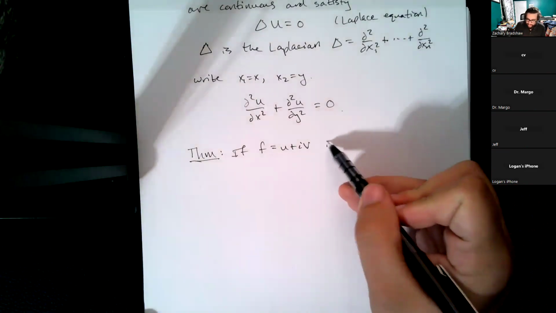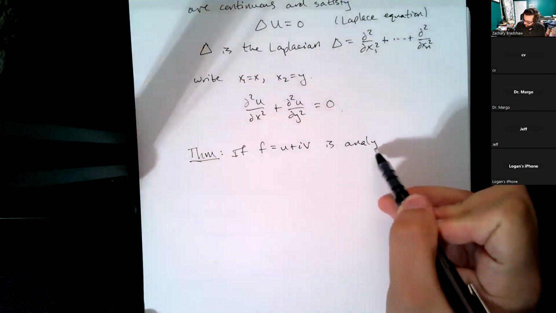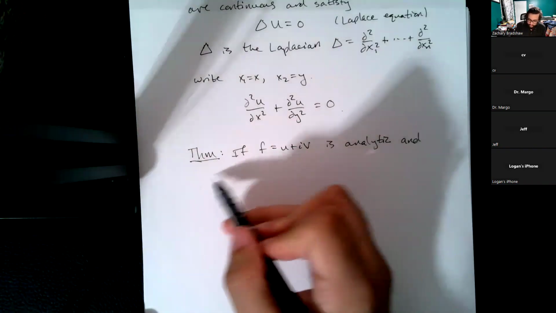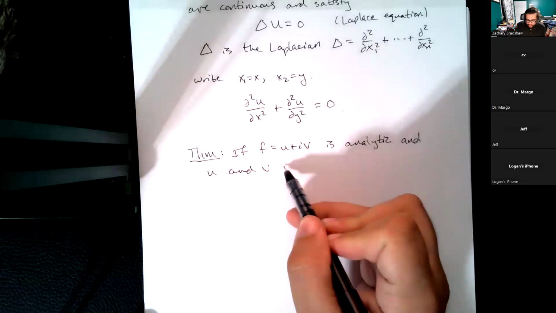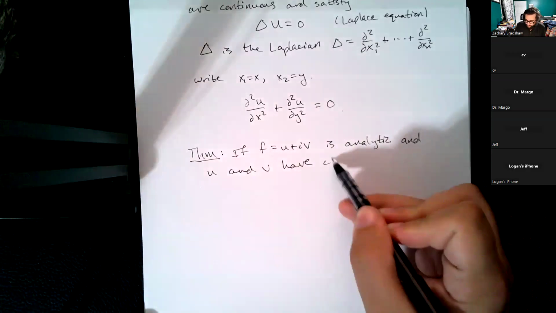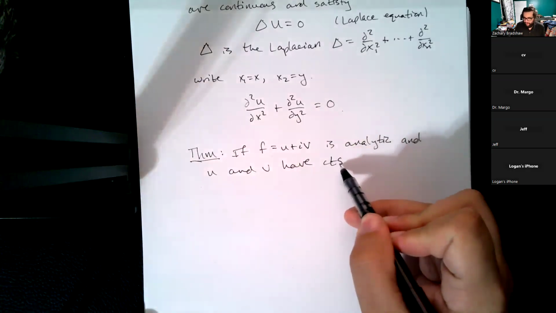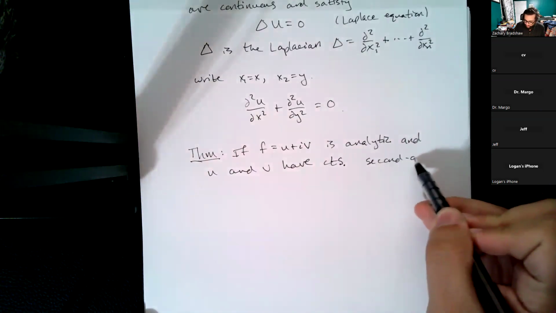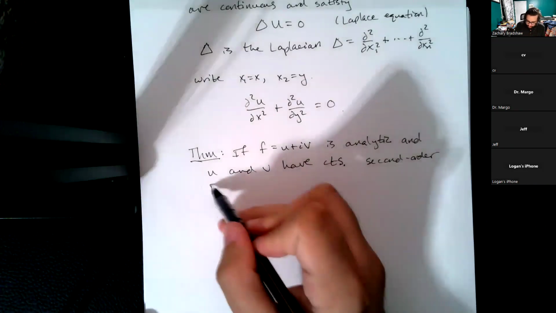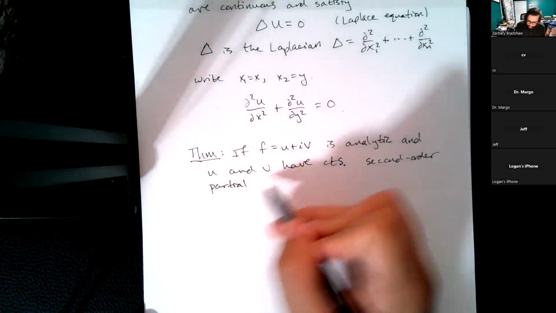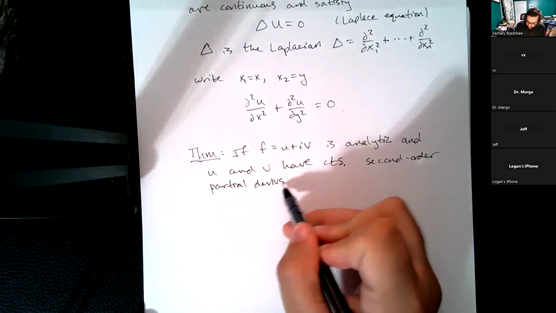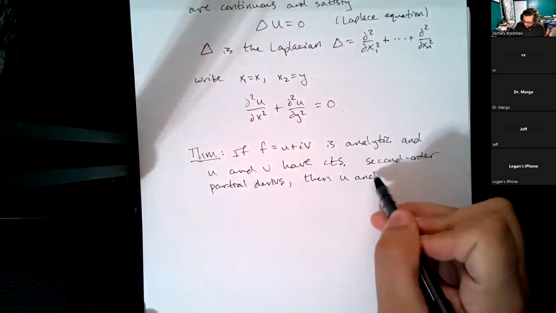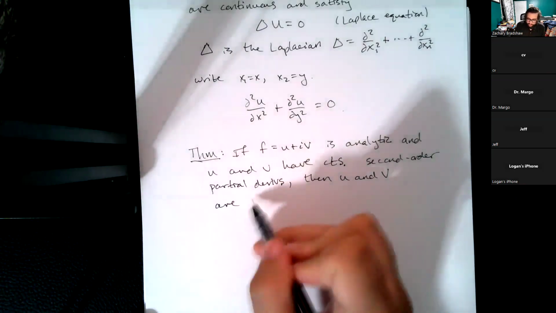So if this guy is analytic, and u and v have continuous second order partial derivatives, then u and v are in fact harmonic.